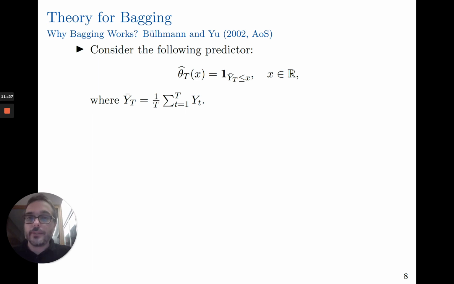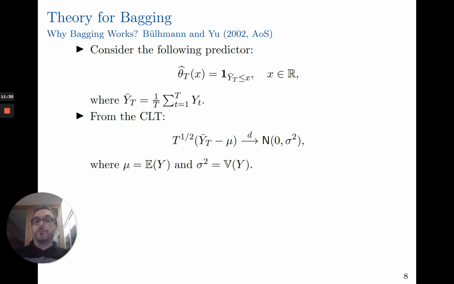Pretty simple, right? We know from the central limit theorem, assuming here that the y's are IID, plain vanilla central limit theorem, that the square root of T times (y bar minus mu) converges in distribution to a Gaussian random variable with zero mean and variance sigma squared, which is just the variance of the y's.